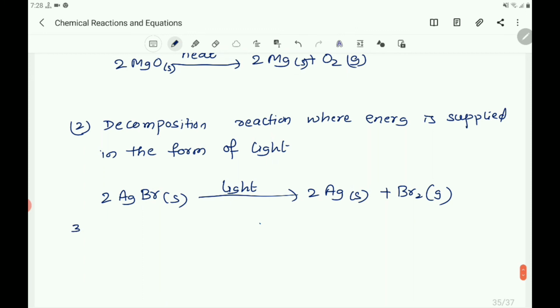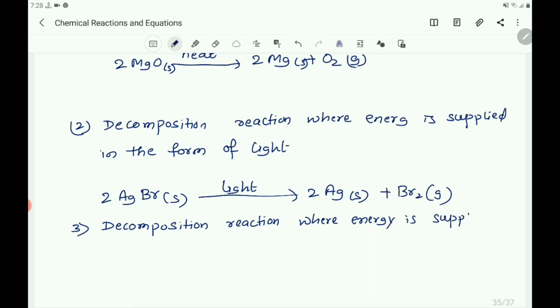The next, third one, decomposition reaction where energy is supplied in the form of electricity.